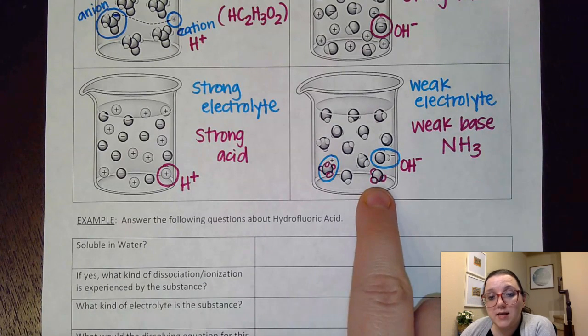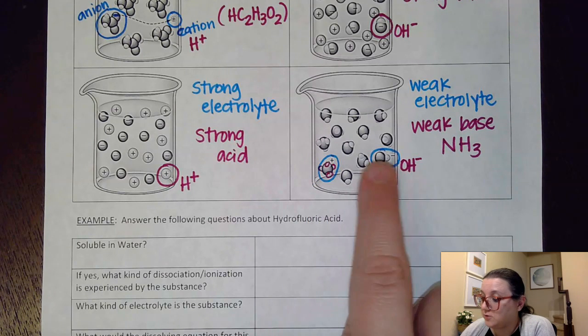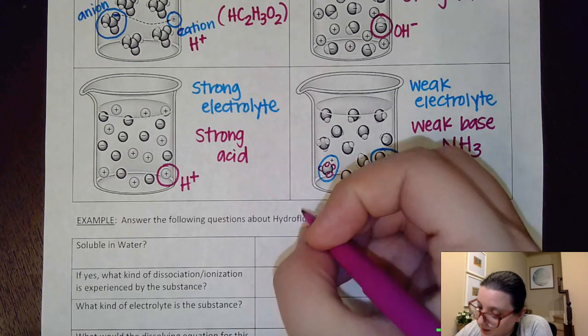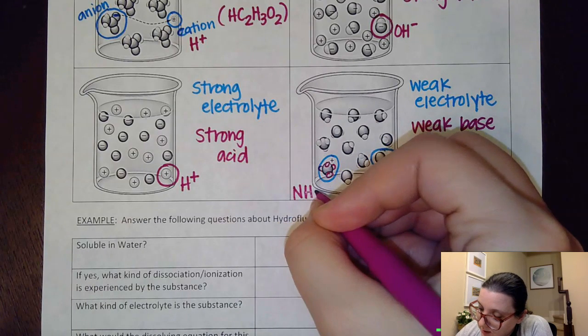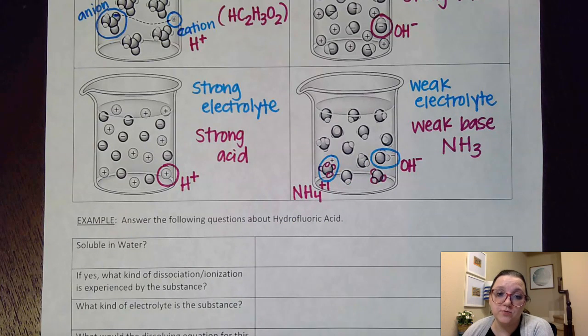So this was NH3 that when it interacted with water, one of these stole an H plus from water, which left behind the hydroxide. And what I'm actually forming here with this cation is the ammonium polyatomic ion, NH4 plus 1.